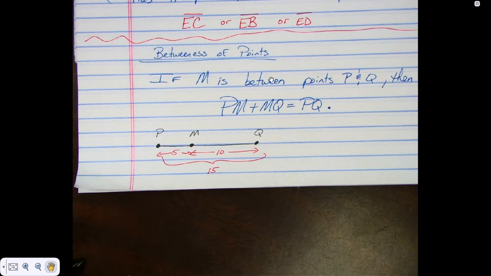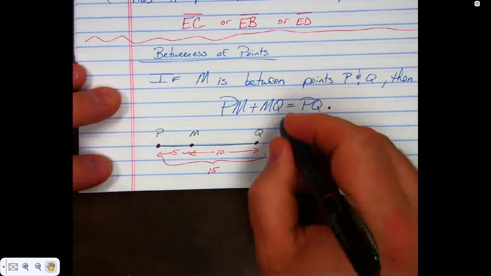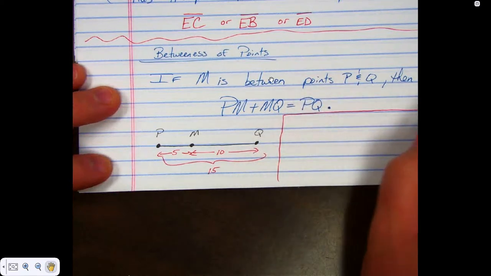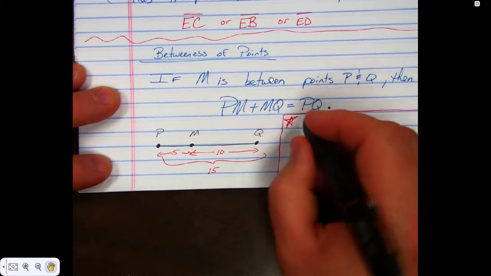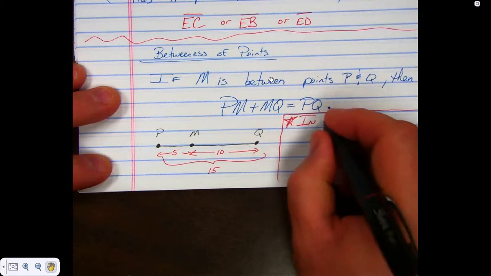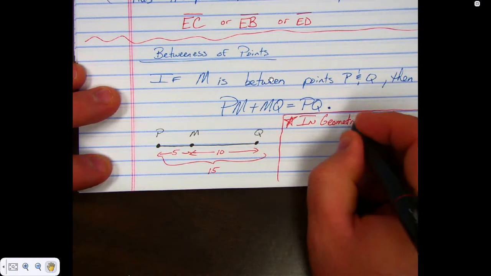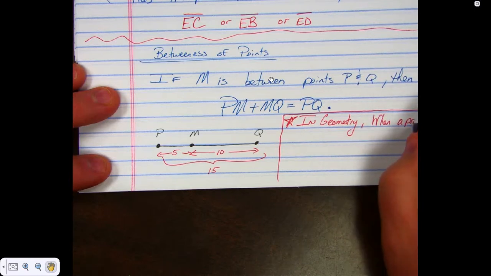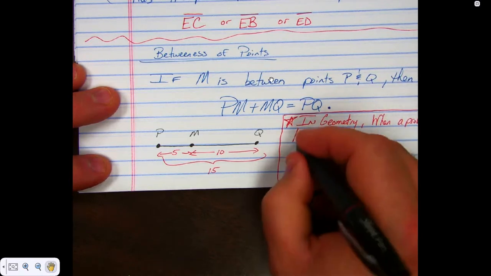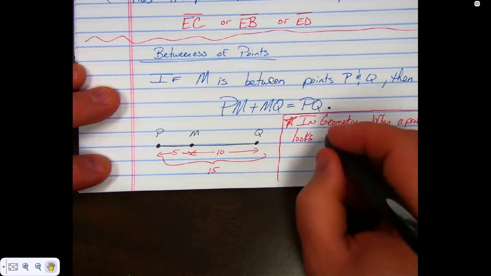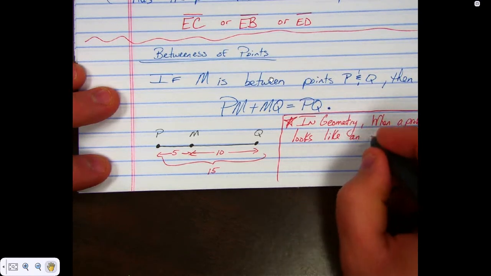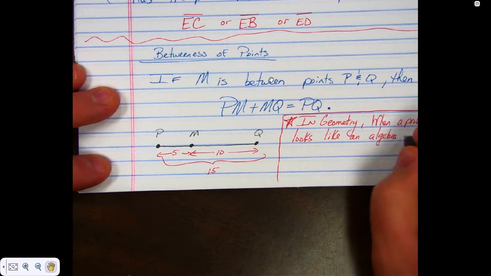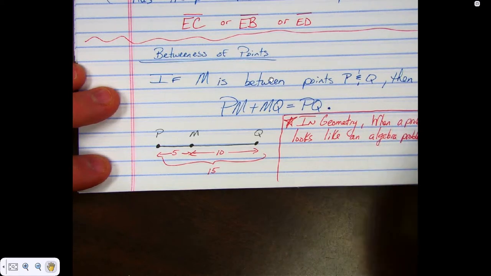I have one more thing I want you to write down. This is a side note, and we'll write it right here, I guess. In geometry, when a problem looks like an algebra problem, first of all, what do you think I mean by that?